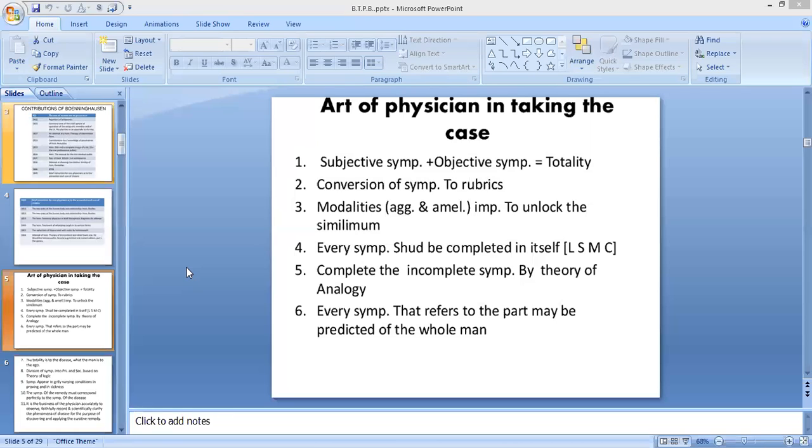The doctrine of concordance is also very important, and for your short note, many times it was asked, also in oral examination. This question was asked: what is concordance, how many medicines are there in the concordance section of BTPB, in BBCR, what is the meaning of concordance.